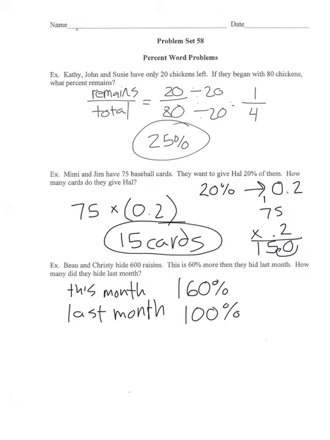So with this month, they had 600, and really what we're looking for is last month's, which I think I'm going to represent by the variable r, because, hey, why not? So what I do is I might set up a proportion where I say, okay, well, if 160% goes with 600, maybe I do 600 over 160 is equal to r, which is our missing value for last month, over 100.